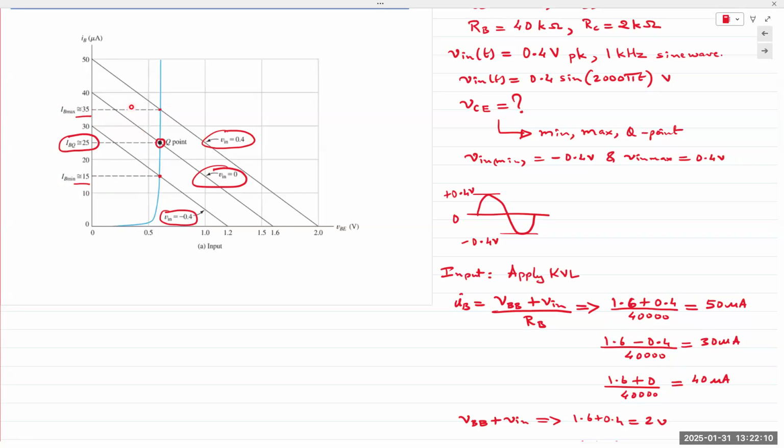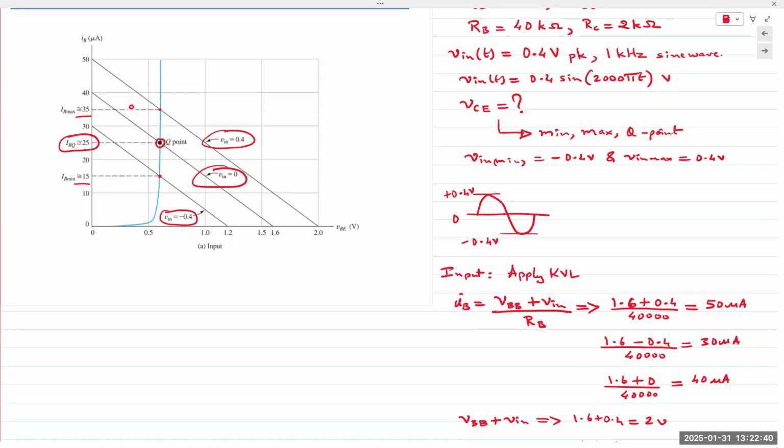That would be the operating point of the diode or the input side, basically. We don't need VBE for anything, so we are not determining those values. But if you wanted to, you would simply extend these values right here on the x-axis. Because it's a forward bias diode, the difference between VBE would be very, very small.